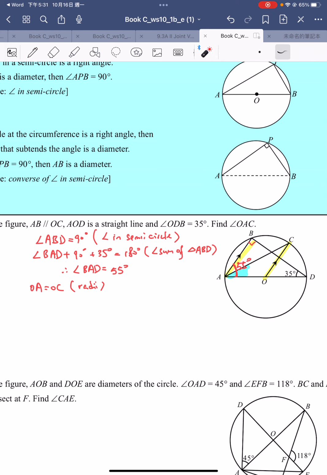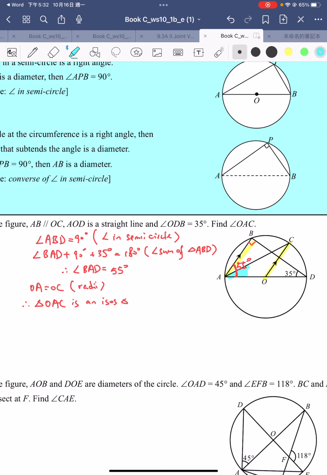Then we can say that the triangle OAC is an isosceles triangle. Then our required angle is equal to angle ACO as well.